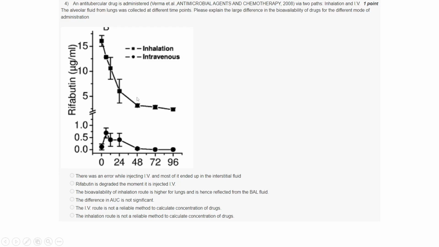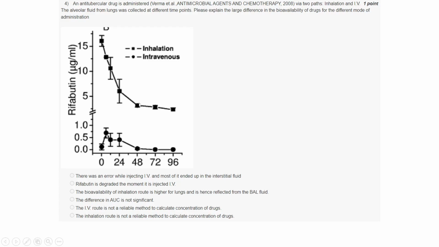This graph is for inhalation, the concentration at different time points when rifabutin is administered via the inhalation route, and the lower one, the circles, is for when rifabutin is administered intravenously. We can see that there is a clear difference in the bioavailability of these two routes.